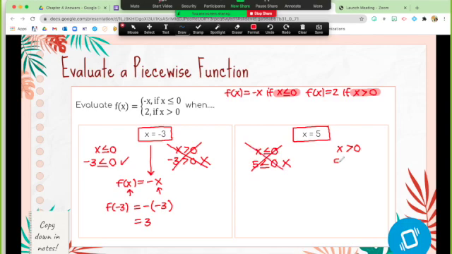I'm going to check this one over here. x is greater than 0. That is a true statement. So since that's a true statement, that means I will be using f of x equals 2, because since 5 is greater than 0, I am using this linear equation.